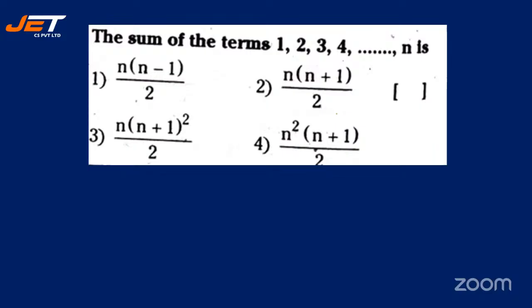Sahasra says option 1. Aleti says option 2. Okay. Right. So I want the answers from everyone. Yes. Reddy says 2. Good. It is 2. n into n plus 1 by 2. Right. Nikita, check your answer. Sahasra, check your answer. So it is n into n plus 1 by 2.